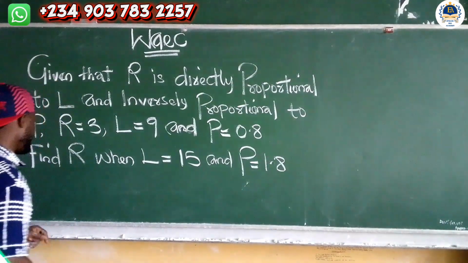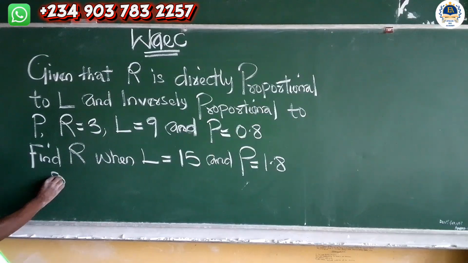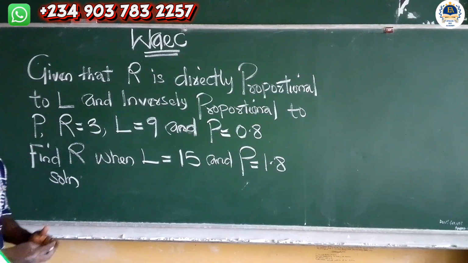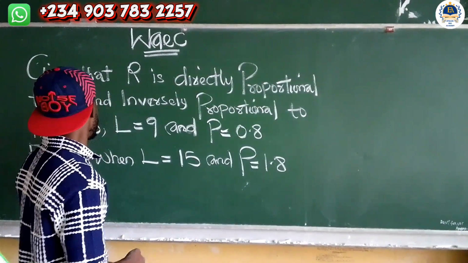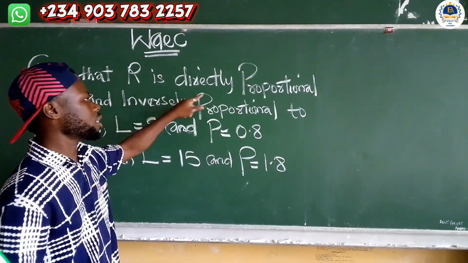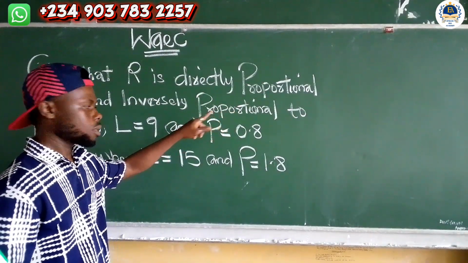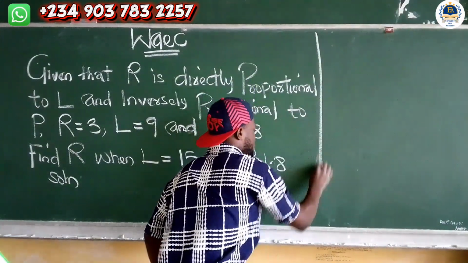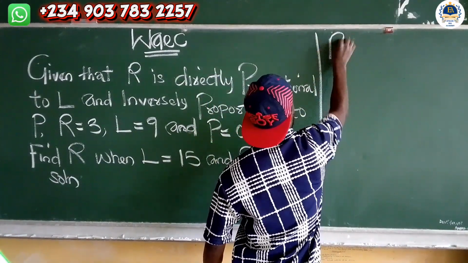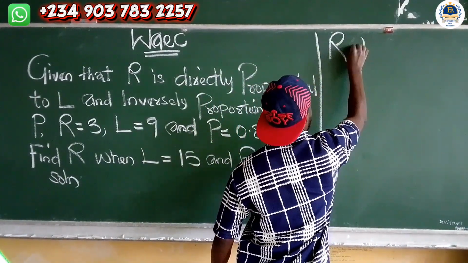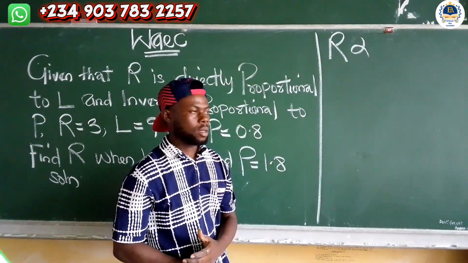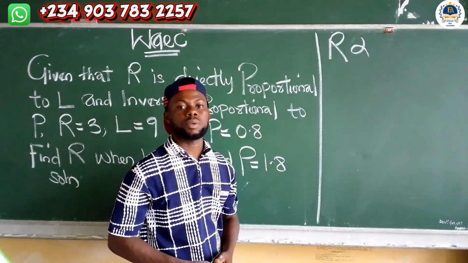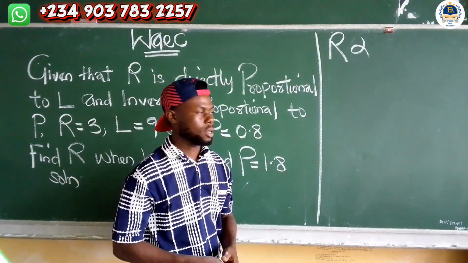So let's go. Solution. Now from what is given to us, R is directly proportional to L, that is, R is proportional to L. This symbol is for proportionality, so we use this to establish the relationship between two or more quantities.